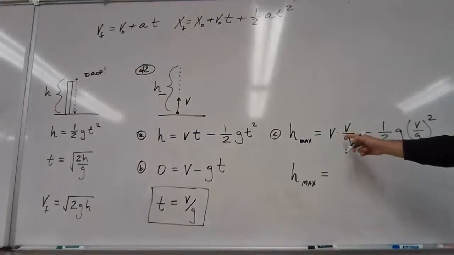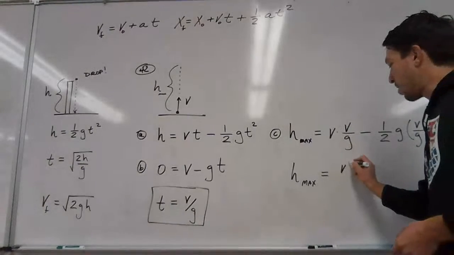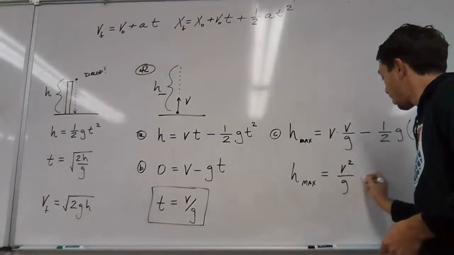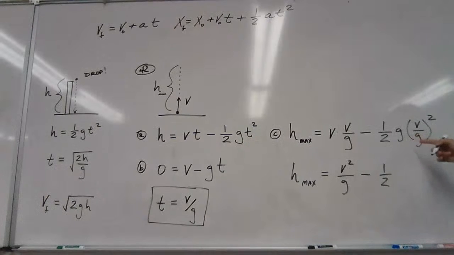What does that make? V squared over g. Very good. I have a V squared, and I've got a g squared on the bottom, but then there's a g. So what's going to be left over when this gets simplified?